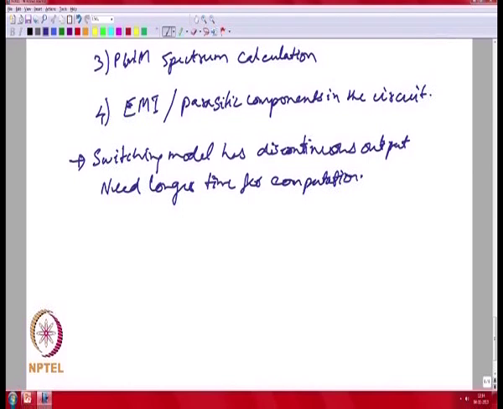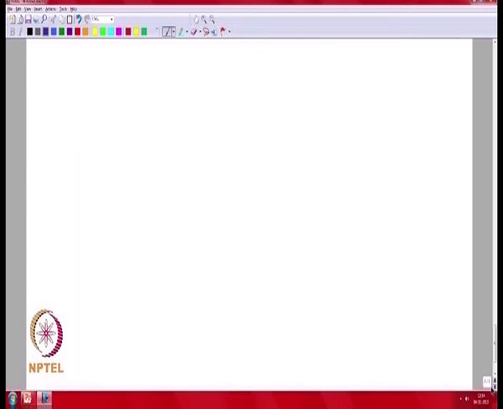One can look at the average model, and its main benefit is when we are looking at longer time frames.